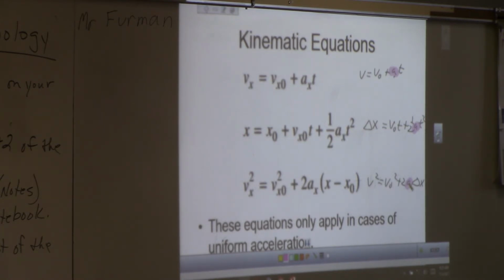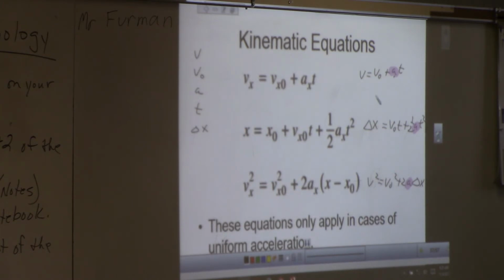Nobody in here is in AP C. It's not offered many places at all. So our kinematic variables, we have v, v naught, a, t, and delta x. We got 5 of them.